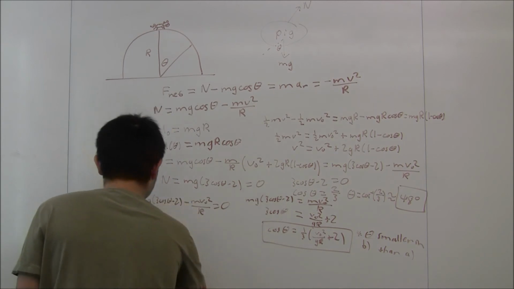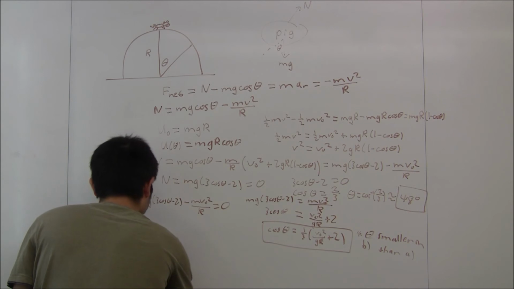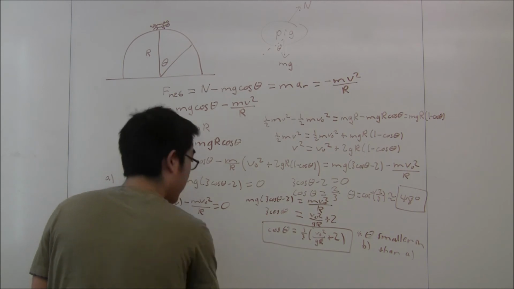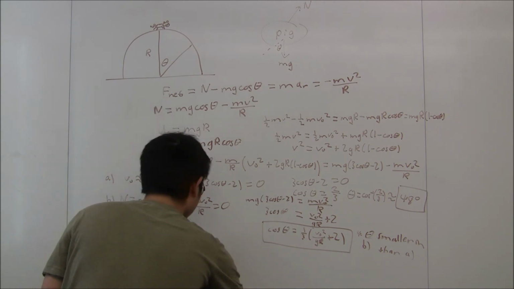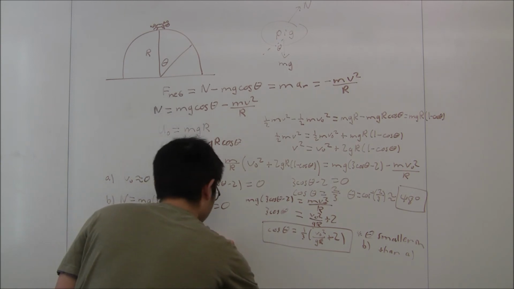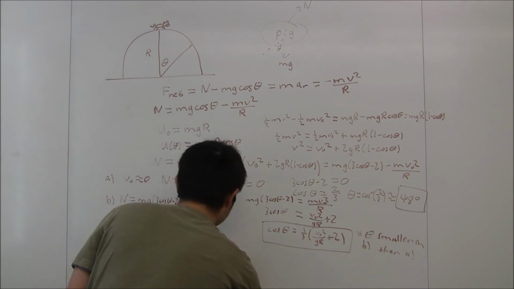We want v0 squared such that cosine of 0, which is equal to 1, is equal to our expression for cosine theta, which is 1 over 3 times v0 squared over gr plus 2.